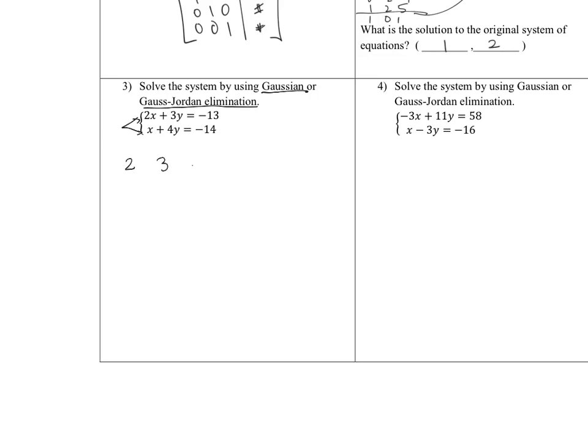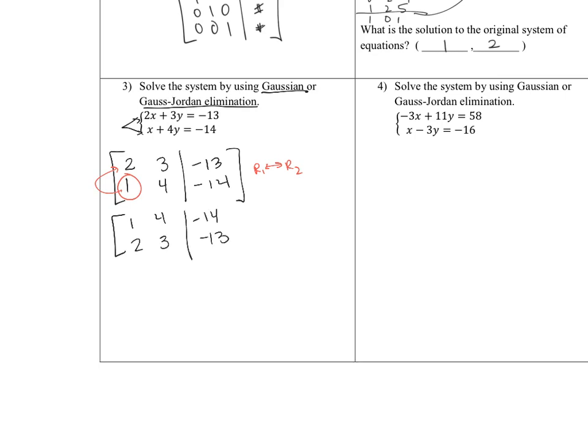So we get the 2, 3, and the -13, and then for x plus 4y equals -14, we'll put 1, 4, and -14. So I've just made my augmented matrix. Now I see a 1, so without doing much work, I'm going to interchange those rows. So row 1 and row 2 are going to interchange. So I'll have 1, 4, -14, 2, 3, -13.